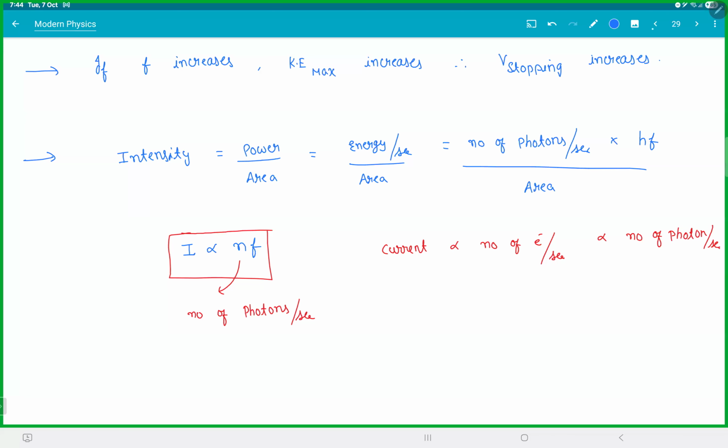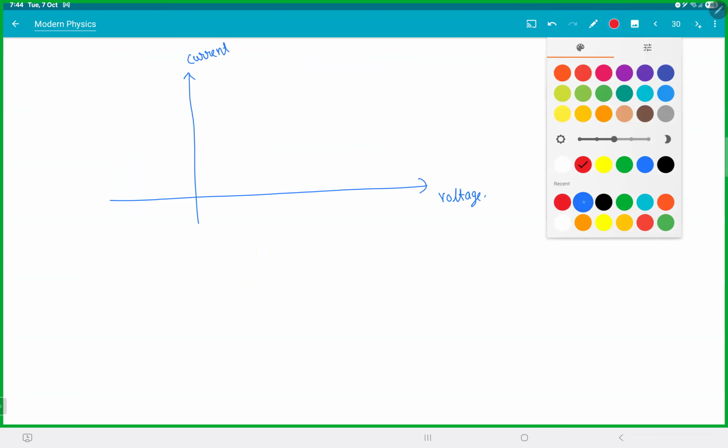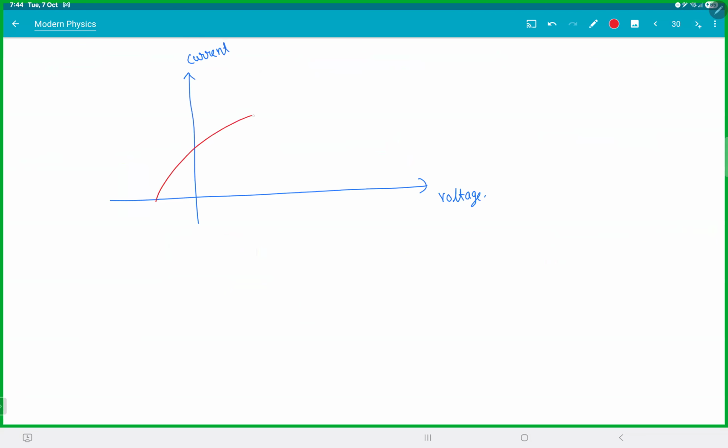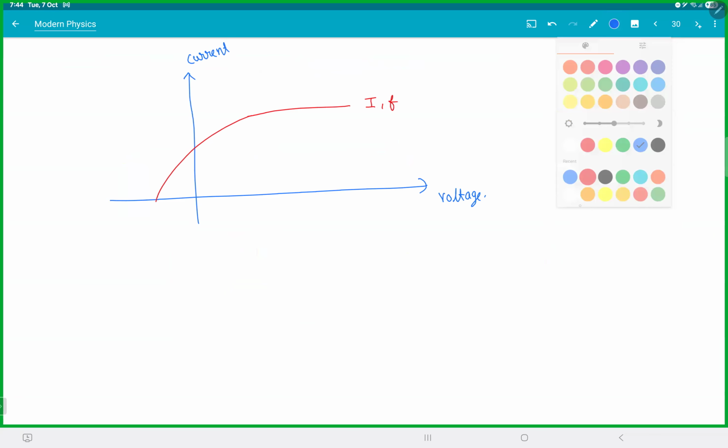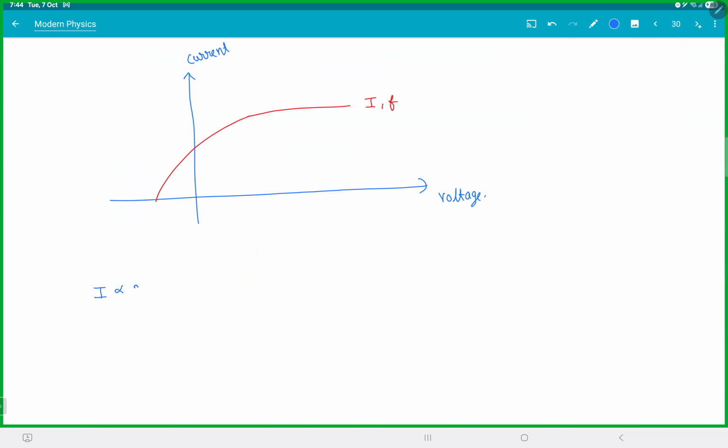So let's see how to use this thing then. So if you go to the graph, current does not depend on your intensity. So this is for I and F. And we saw I is proportional to N and F. If you double I and F, if you double both of them, N does not change.